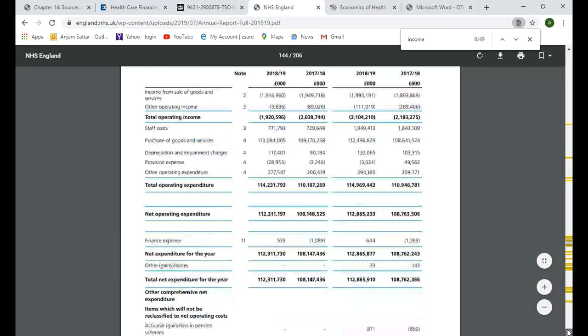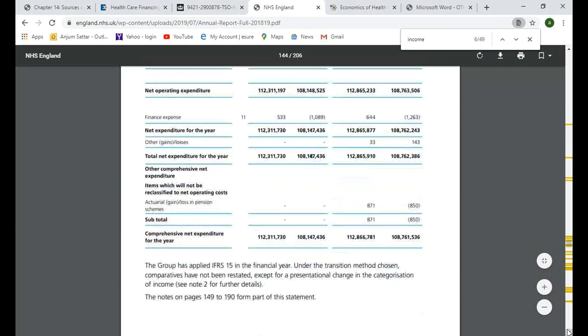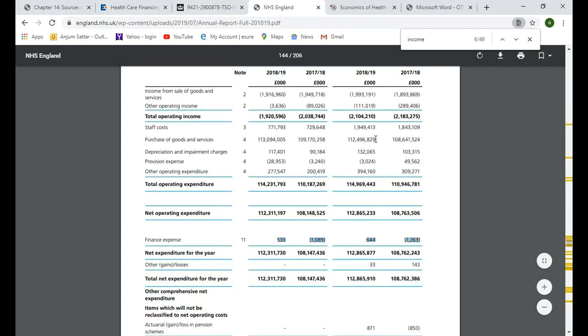Here we look at how many millions they paid on staff and on various things. At the end, we'll see their comprehensive net expenditure for each year. These are the expenditures. And this is the cost of borrowing money.